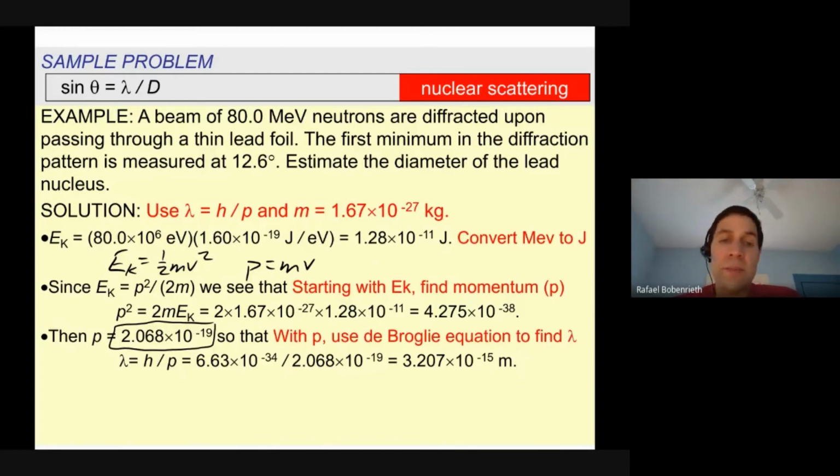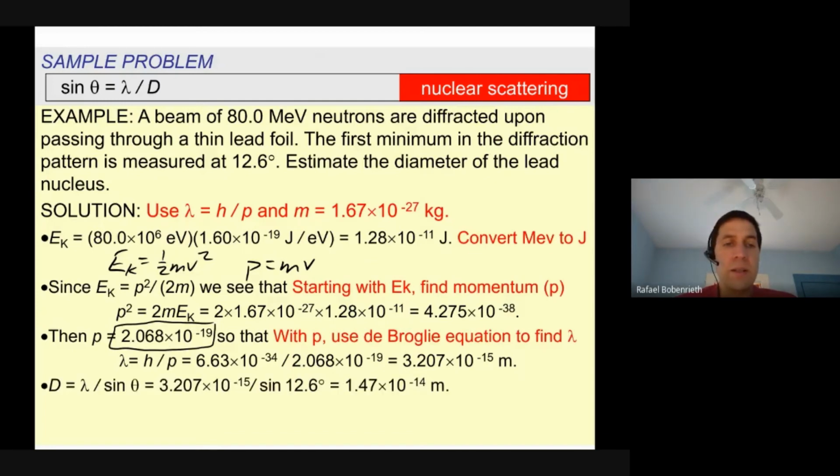Once we get the momentum, we can use the de Broglie equation to find the wavelength. Notice that's what I've done here. You take 6.63 times 10⁻34 divided by the momentum that you've calculated, and you get a wavelength of 3.207 times 10⁻15 meters. Again, a key thing that makes this work is that the neutron's de Broglie wavelength is on the order of magnitude of the radius or diameter of the nucleus.